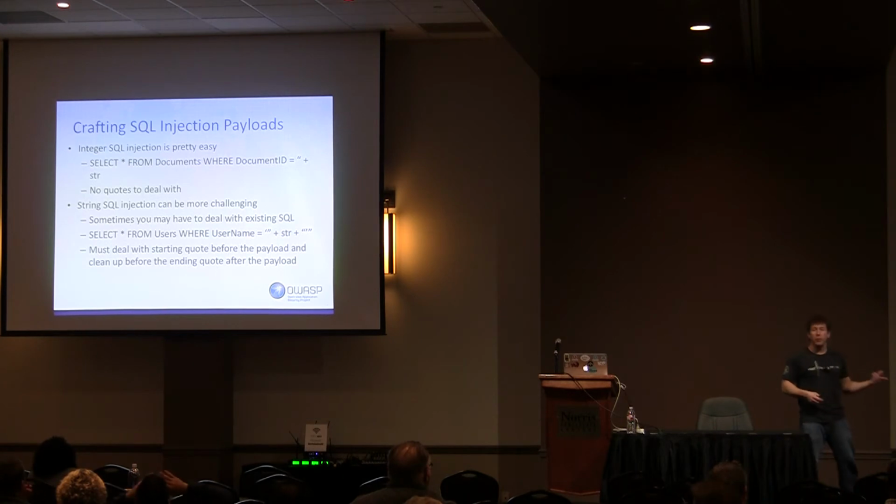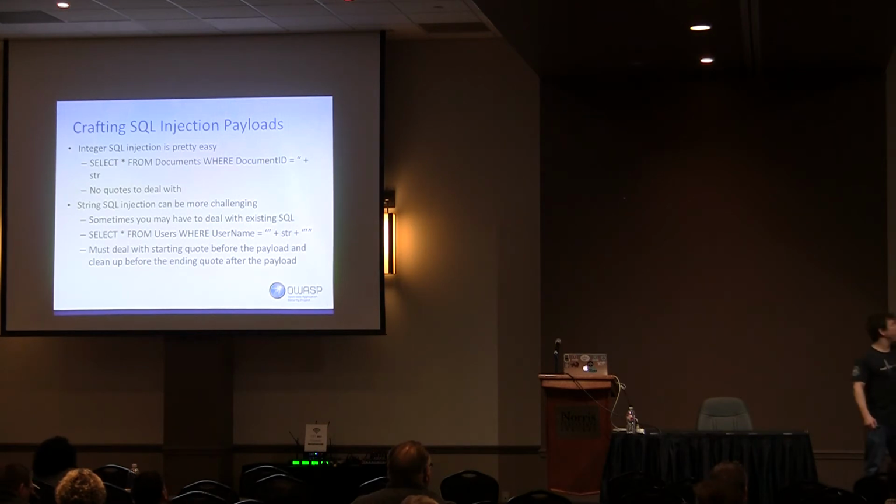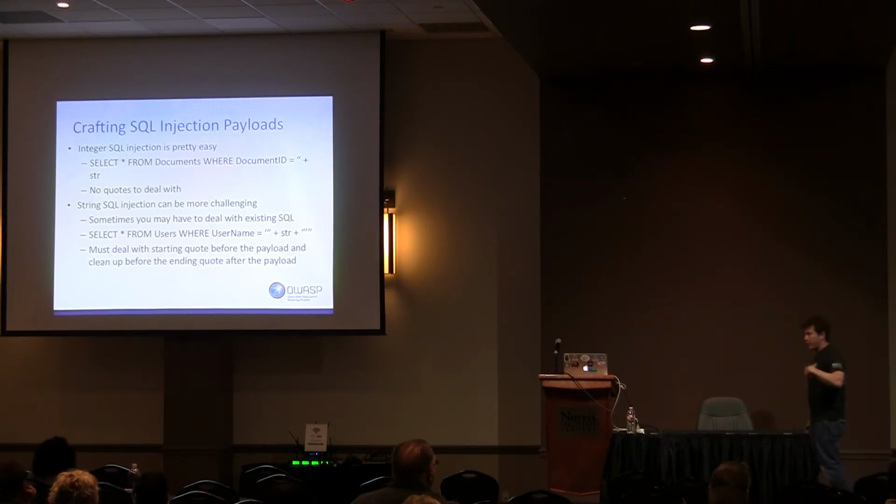So if you'll remember the payload we used, it was apostrophe or 1 equals 1 dash dash. So that apostrophe takes care of the leading apostrophe. So where the username equals single quote, that's an empty string, that's still valid SQL. Then I put in what I wanted, which was or 1 equals 1, so that we force the query always to evaluate true. And then we put in dash dash saying ignore whatever else you see on this line, so we don't have to worry about all the password and the quotes around the password stuff.